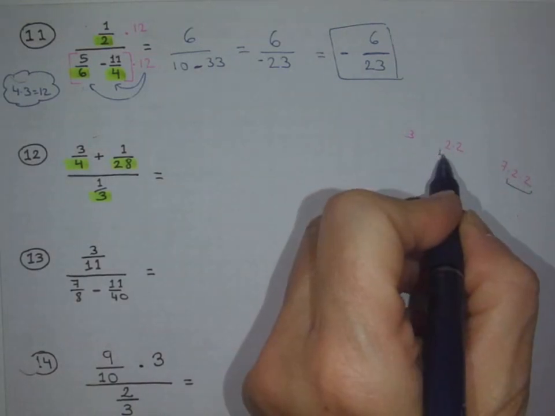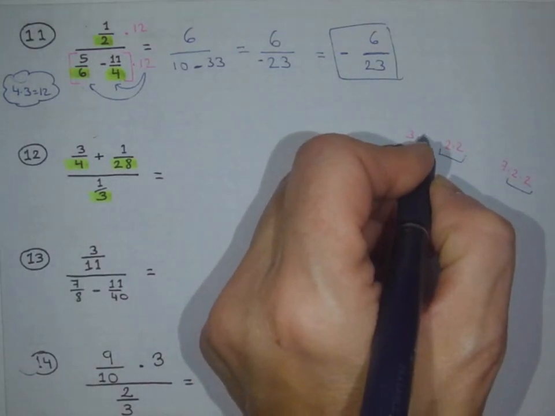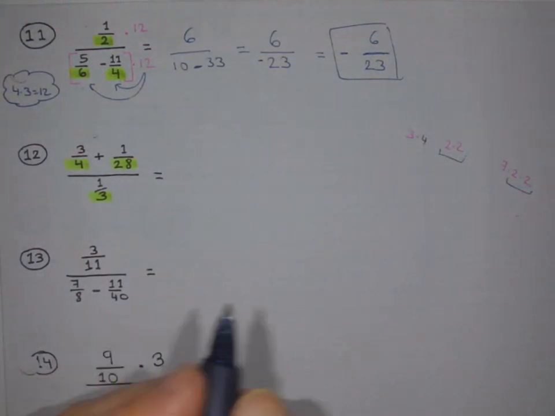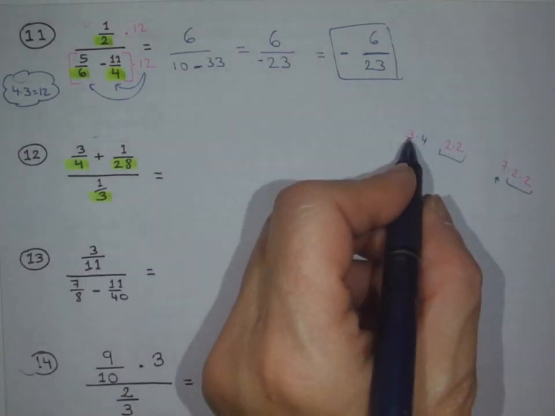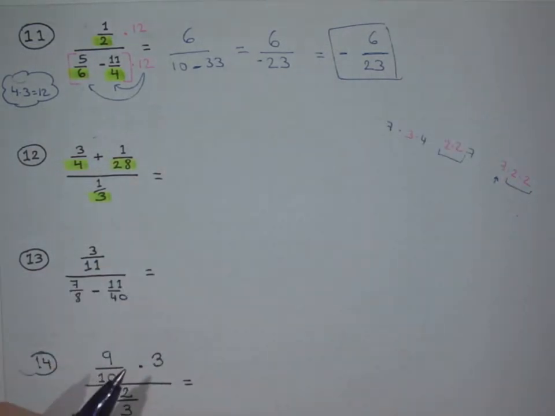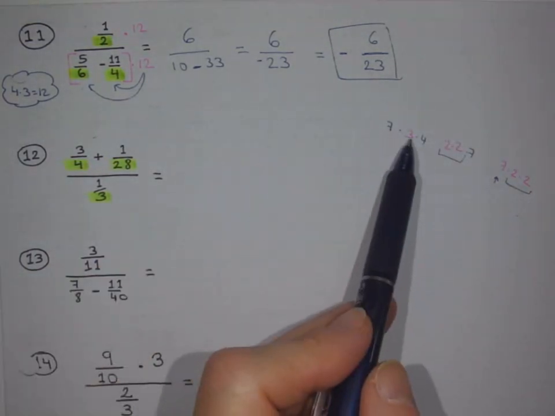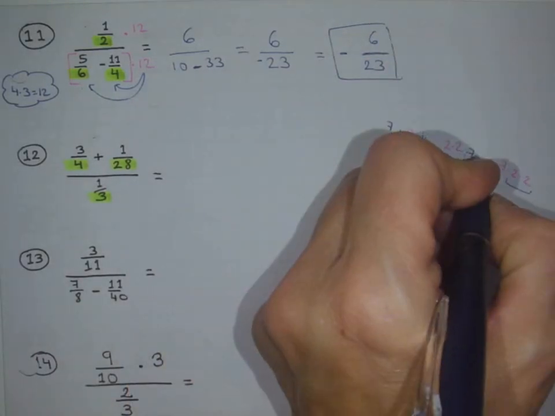I have them here, I have them here, I don't here. So this one has to be multiplied by 2 times 2, which is 4. I have a 7 here, which I don't have here and I don't have here, so I need to multiply by 7 everywhere. And then I have a 3 here that I don't have here and I don't have here, so I need to multiply by 3 everywhere.